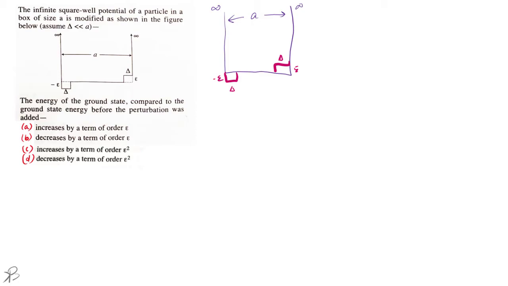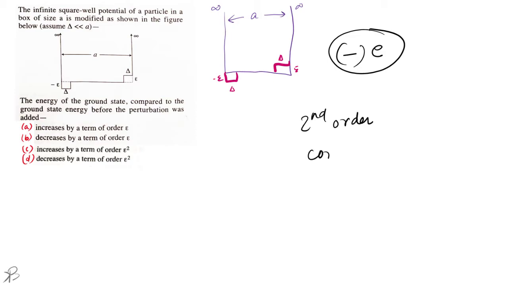Firstly, you have to remember that in second order correction, the energy correction is always negative. Just remember this. So out of the four options, D is the correct answer.